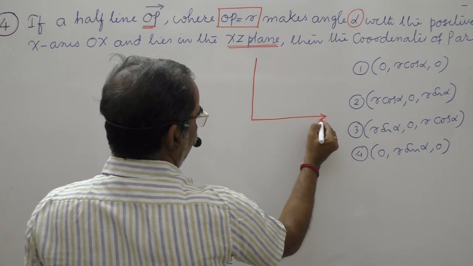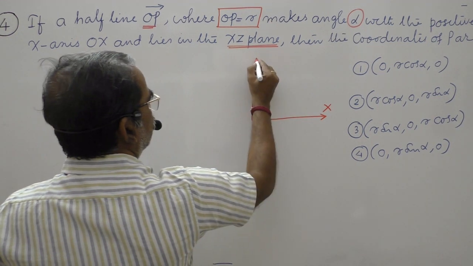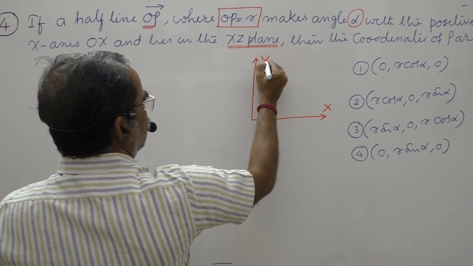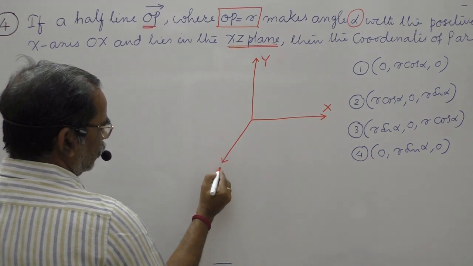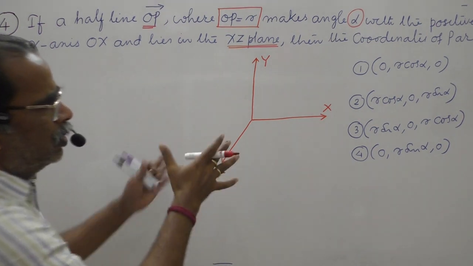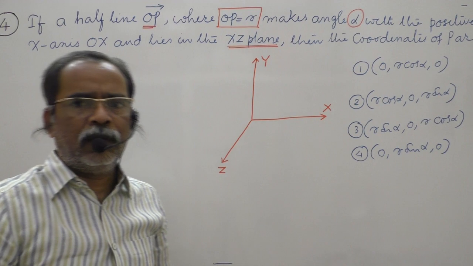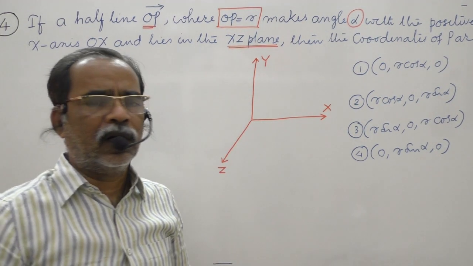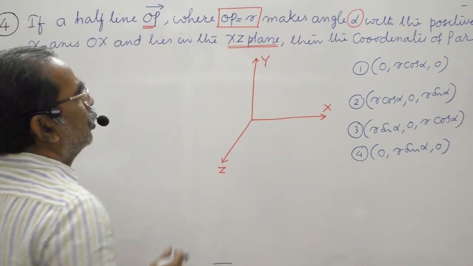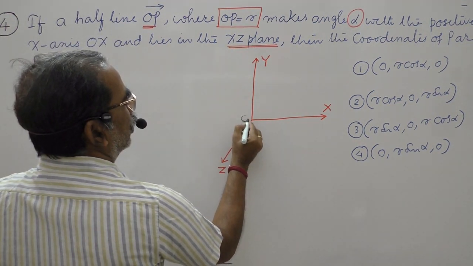Say this is the x-axis, this is the y-axis, and this is the z-axis. So our board is a 2D board. This is 3D, but we cannot draw exact figures. So this point is the origin.